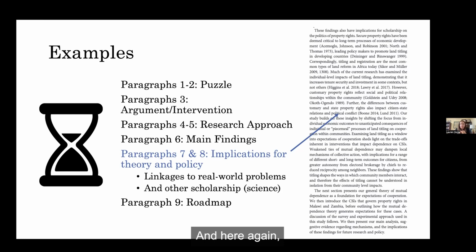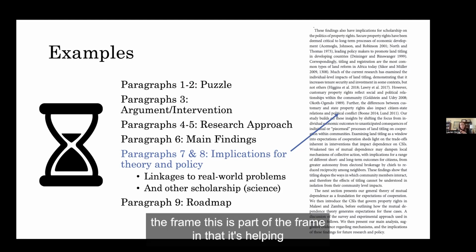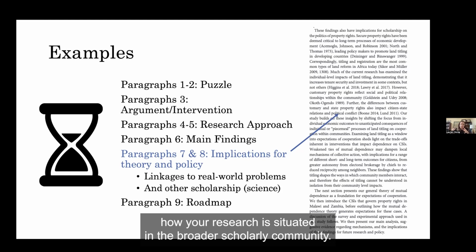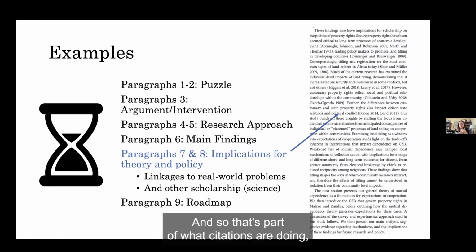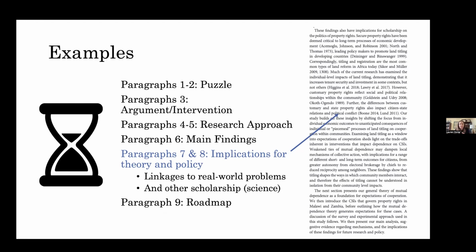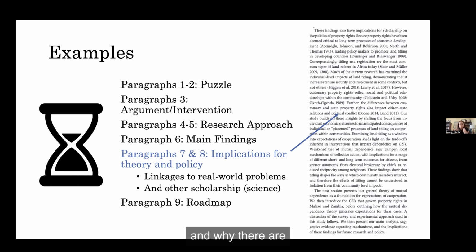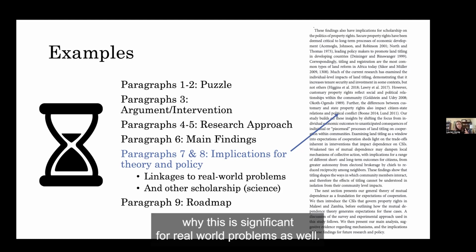And here again, this is part of the frame in that it's helping the reader to understand how your research is situated in the broader scholarly community. And so that's part of what citations are doing, helping to show how you're in conversation with other work, but also helping to show why there are real consequences for your research, why this is significant for real world problems as well.